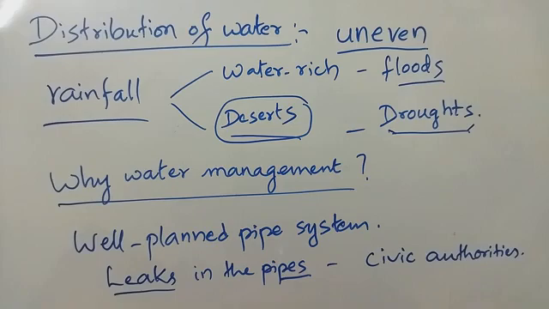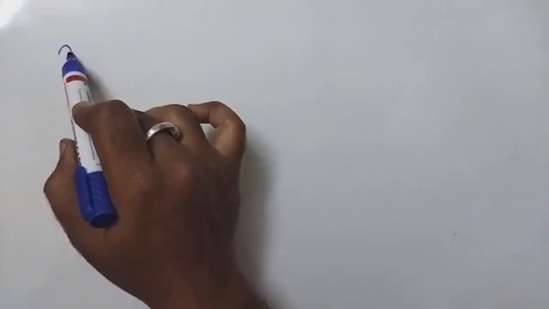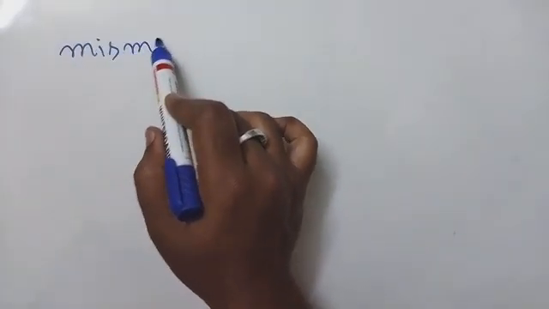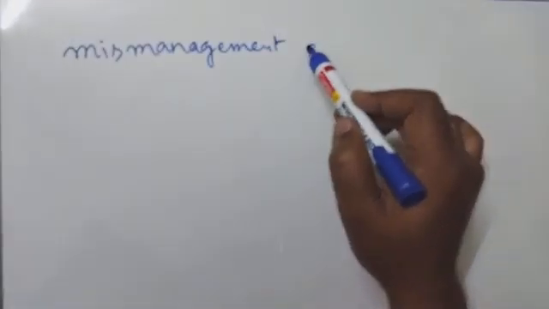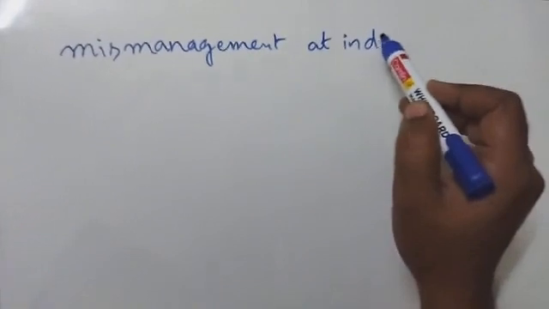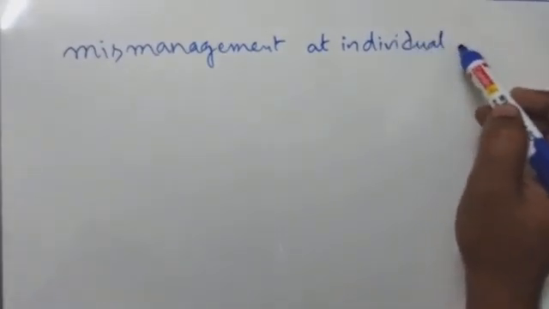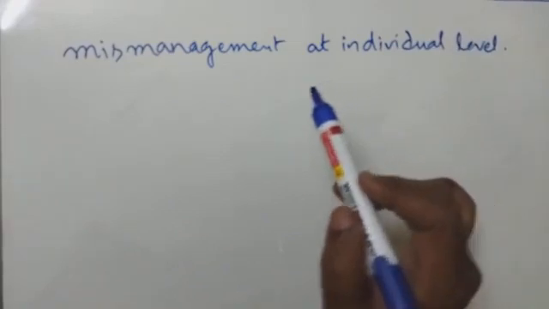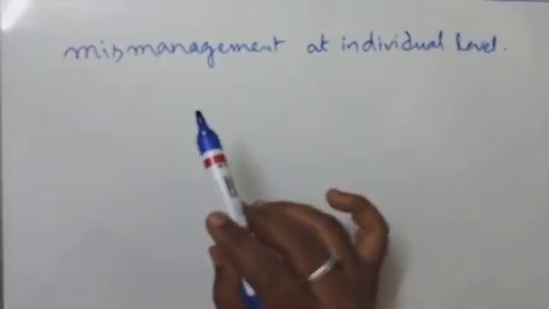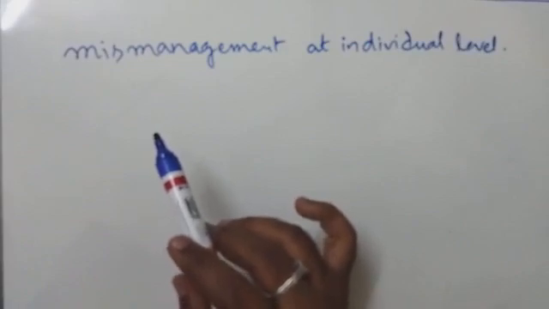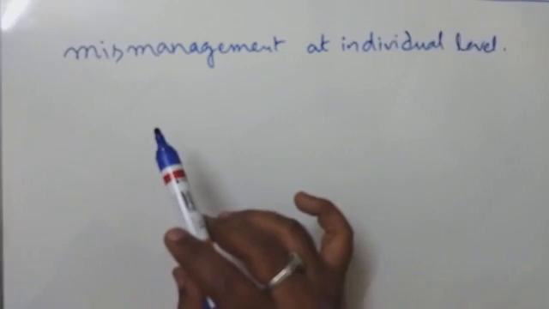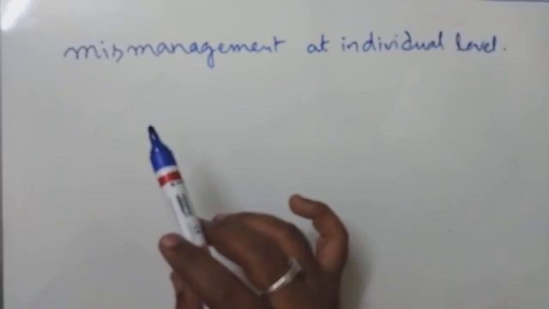And the second type of problem is mismanagement at individual level. It means the water supply has taken place correctly to the people, but mismanagement or wastage at individual level also causes water loss.